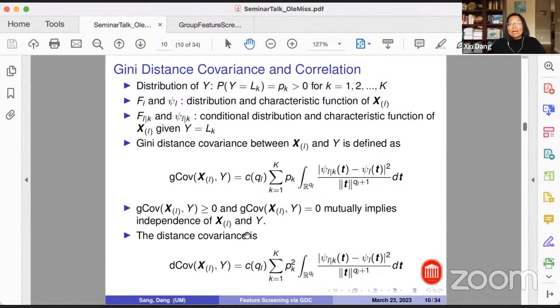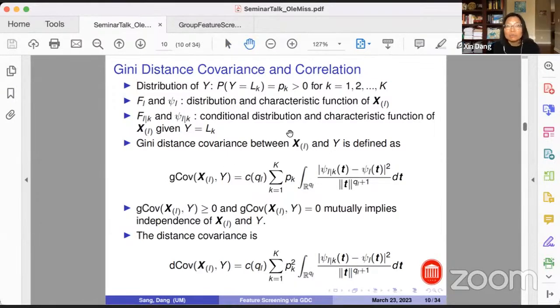So your Y is categorical, and this is its distribution: the probability that Y equals k is p_k. For your X, the l-th group has a distribution F_l, and its characteristic function is psi_l, which is just the Fourier transformation of the density function of your X_l.